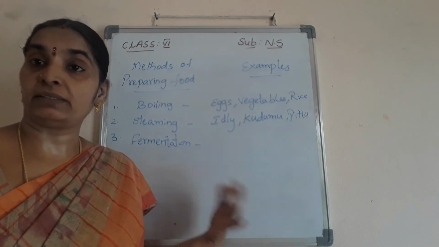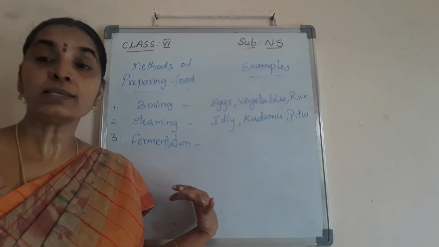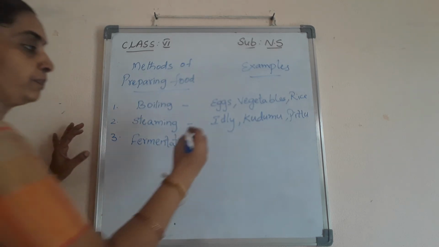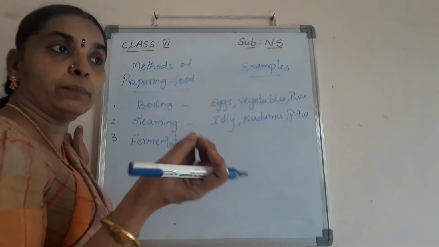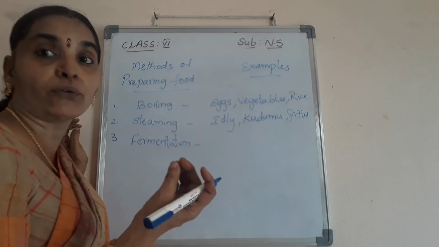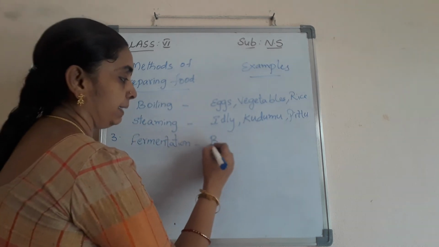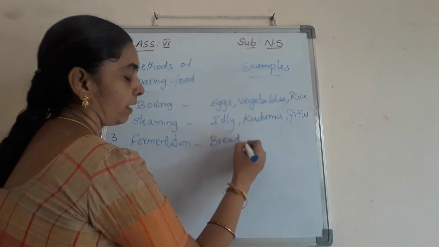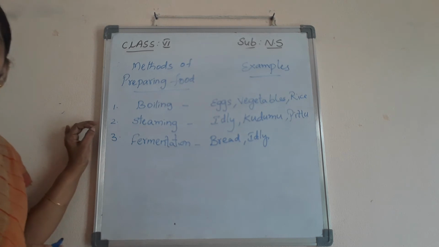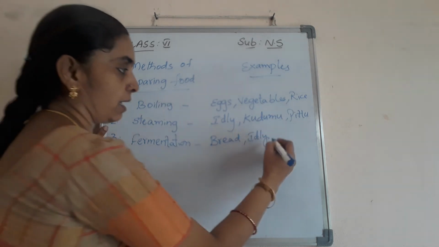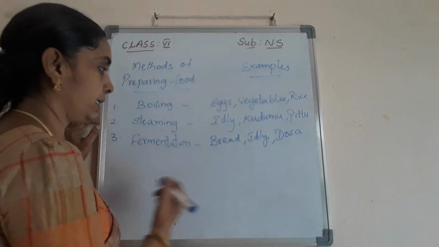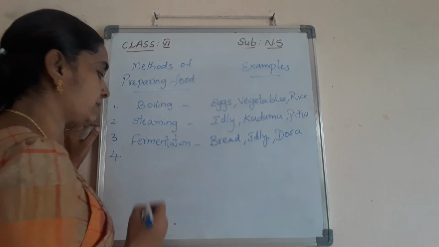In bakery, this fermentation process is carried on. Fermenting makes the bread, idli and all, soft. So bread, idli, and you can also say dosa. Dosa is also fermented a day earlier to get a soft dosa, isn't it? So you can give examples like that.